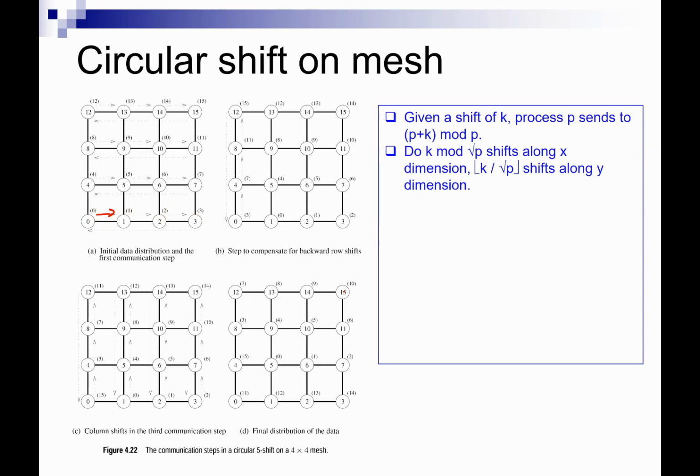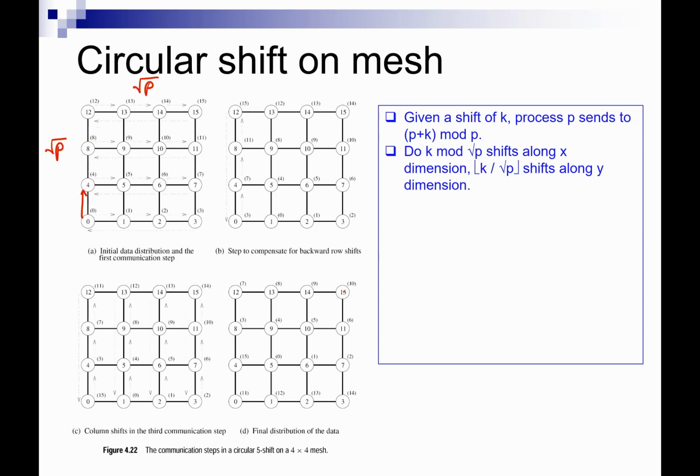This represents a shift by 1. On the other hand, if you shift in the y direction, then 0's message is going to end up at 4, and 4's message is going to end up at 8, and so on. So this is actually a shift by 4. In fact, if you have a mesh which is size root p by root p, then each time you shift in the y direction, you're actually shifting by root p.